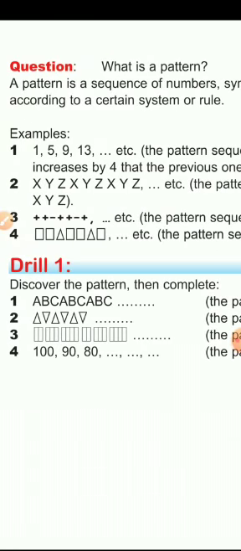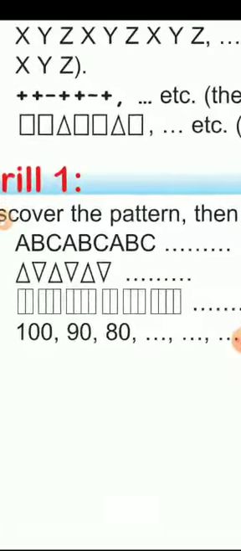Okay, number 3, we have some shapes. The first shape, I think it's a rectangle divided into two equal parts. What about the second shape? The second shape, I think it's also a rectangle but divided into three equal parts. What about the third shape?